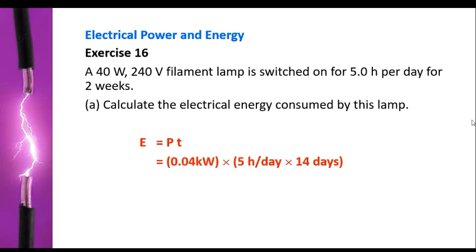The power in this case is 40 watts, which is 0.04 kilowatts. And the number of hours used is 5 hours per day multiplied by 14 days. So you get an answer of 2.8 kilowatt hours. That is the electrical energy consumed by this lamp in the 14 days.